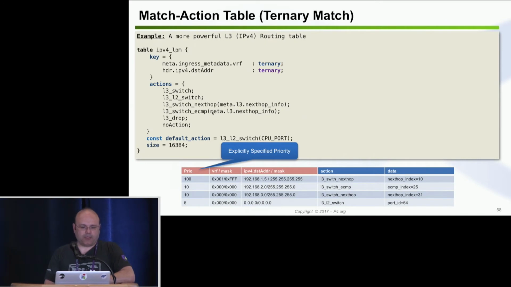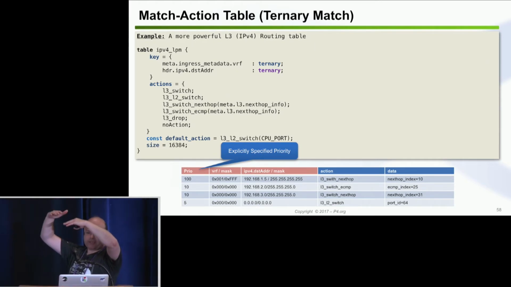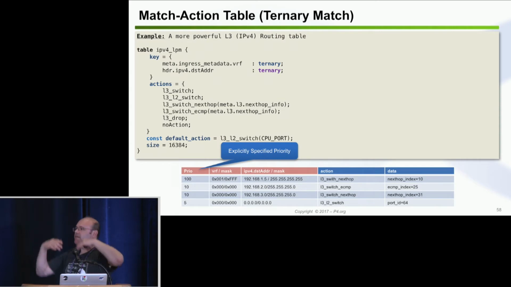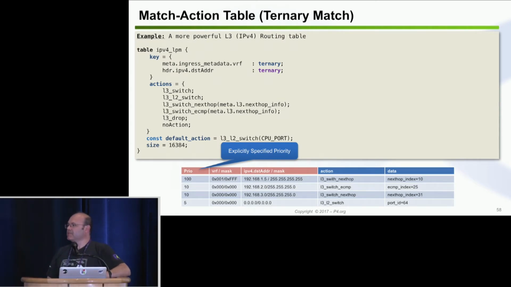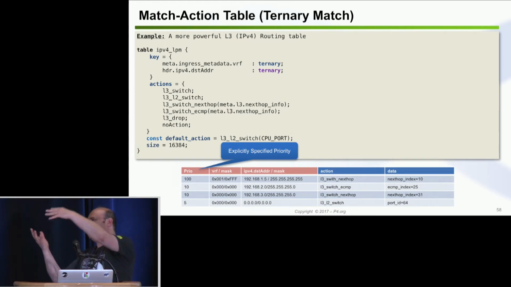What I said is I want to apply my L3 switch next hop action to the L3 next hop info structure in my metadata. Think about meta as a struct containing some other structs, and one of those structs is called L3 meta. Okay? That's what the directional parameter means. So it has nothing to do with intrinsic metadata. It's just a convenient way to apply the same action on different pieces of your own metadata.